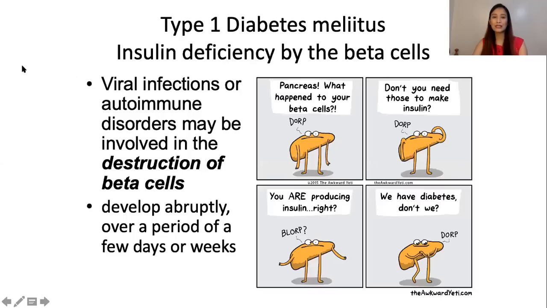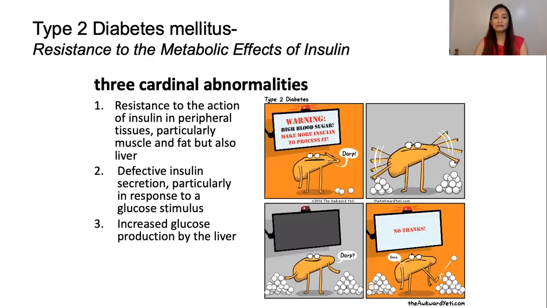So type 1 is insulin deficiency. Usually it's an autoimmune disorder where your beta cells are destroyed, and if they are destroyed, you will not be able to produce insulin. In type 2 diabetes, you have insulin, but it's not able to act on the cells.